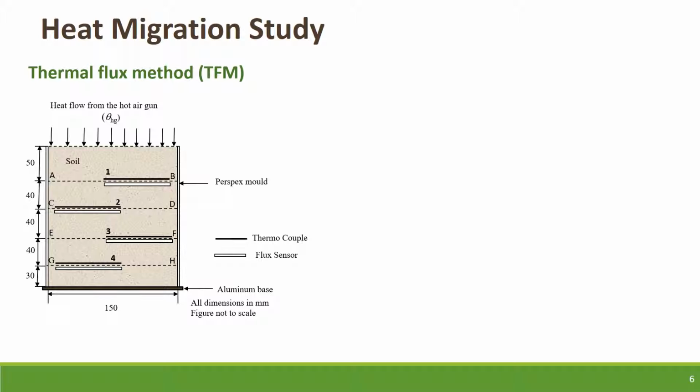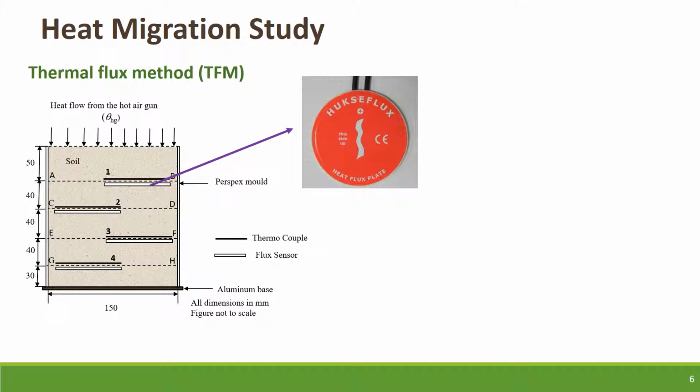Now, to establish a perfect steady state system, the bottom of the mold was an aluminium base having higher thermal conductivity. This photo shows the thermal flux setup which was employed to establish heat migration in the soil mass.